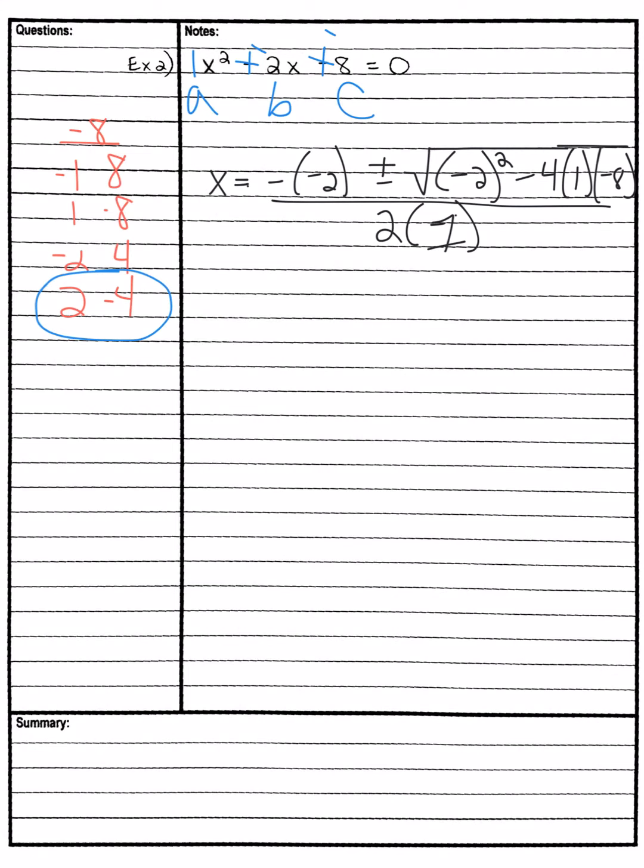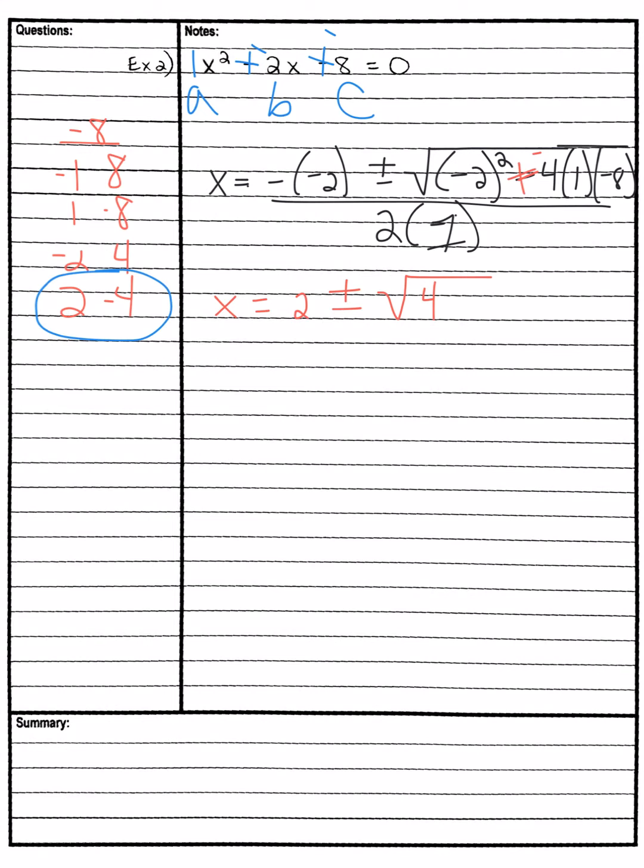So as we begin to simplify here, I can tell you that I see x equals a negative negative is just going to be a positive 2, plus or minus the square root, negative 2 squared, that's negative 2 times negative 2, which is positive 4. And a negative, you can look at this as a negative 4. Remember, plus a negative?